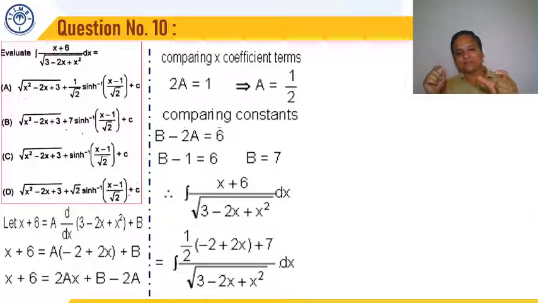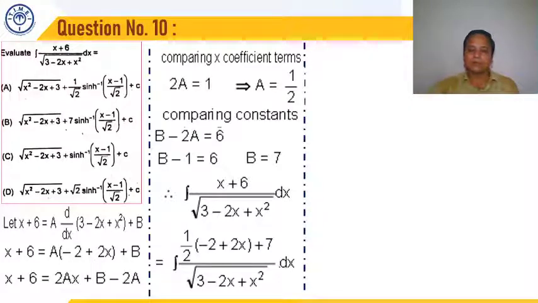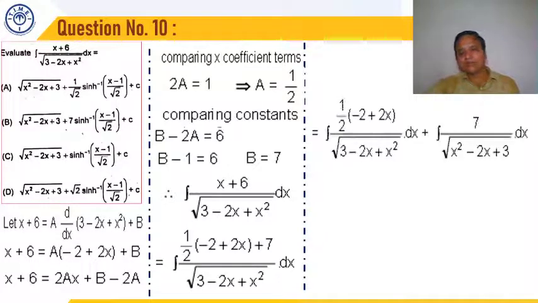So x plus 6 we replace by half the differentiation of the denominator plus a constant term. So we write this as 1 by 2 integral of (minus 2 plus 2x) upon under root of (3 minus 2x plus x square) dx plus integration 7 upon under root of (x square minus 2x plus 3).